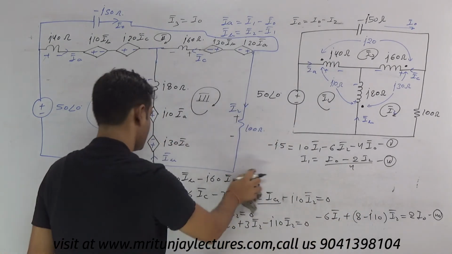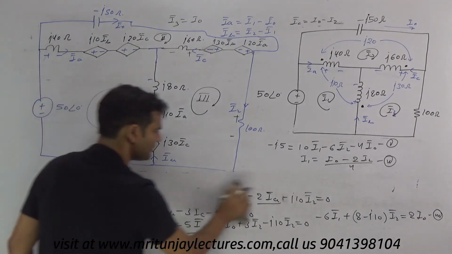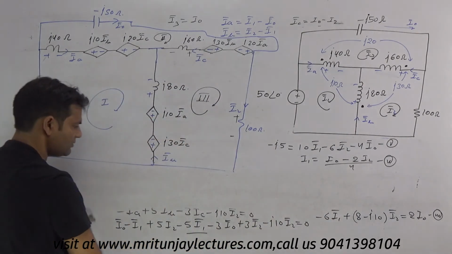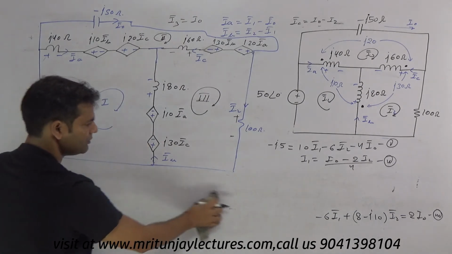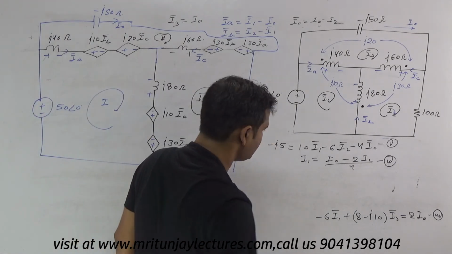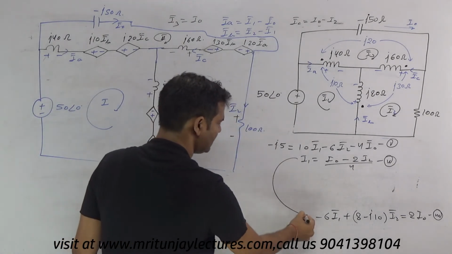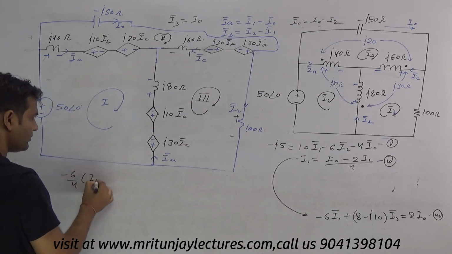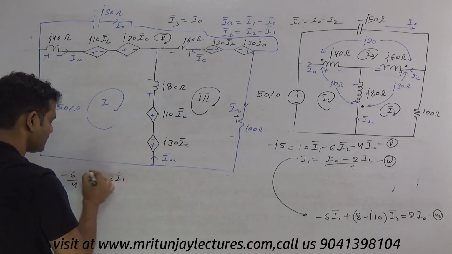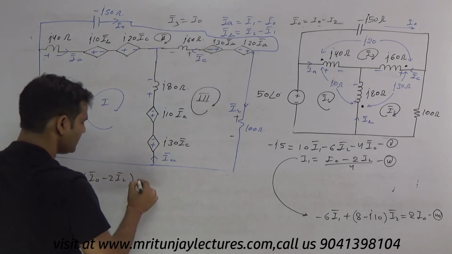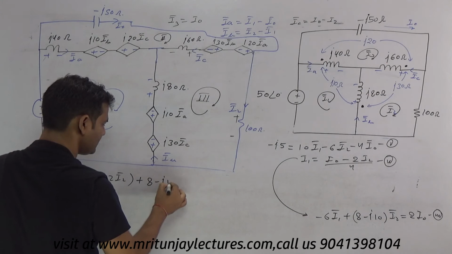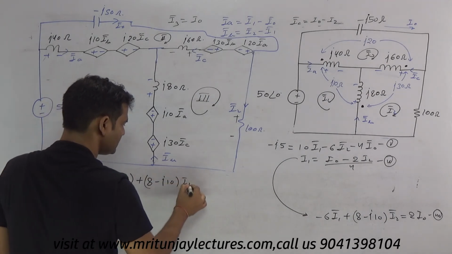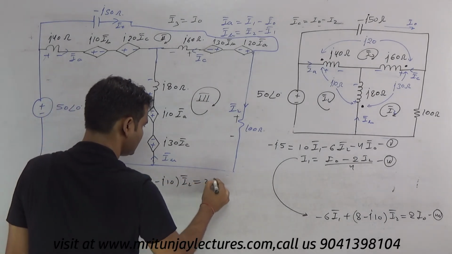Now from equation number 2, if this value putting here, that is minus 6 divided by 4 I naught minus 2 I2, plus 8 minus J10 into I2, this will be equal to 2 I naught.